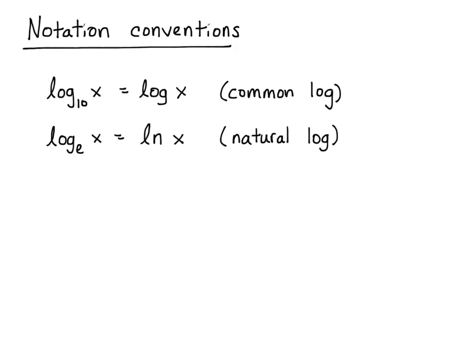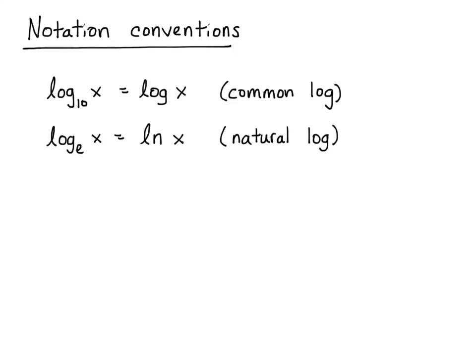So if we write it without a subscript, it's base 10. If we write ln, that's still logarithm, still has the same meaning, except that it suggests that we're using a base e. Now you would think that in the metric world the common log, since that's base 10, would be used there as well. And it depends on where in the world you are what log of x means.